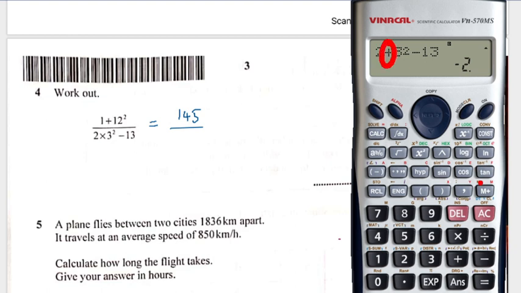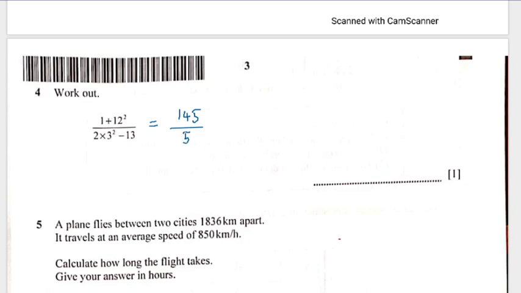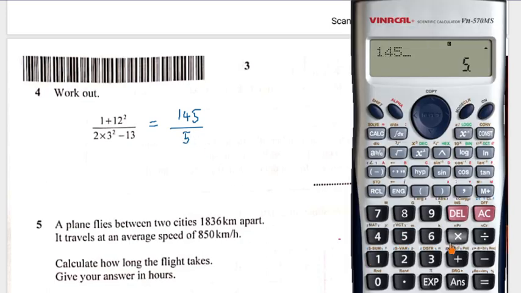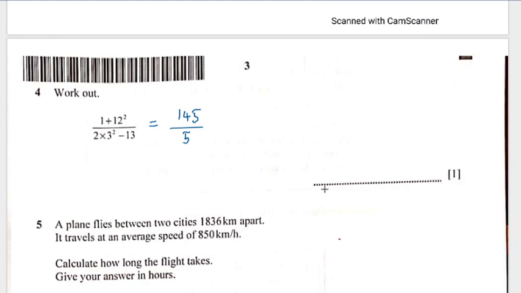I put minus before, sorry, my bad. 2 times 3 square, plus 13, so we will get 5. So you divide that one, 145 divided by 5, then you can get 29. So the answer here is 29.